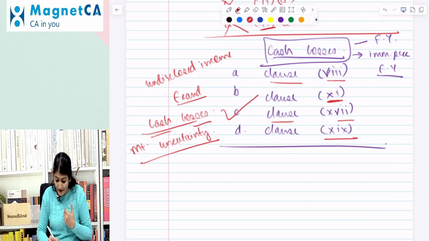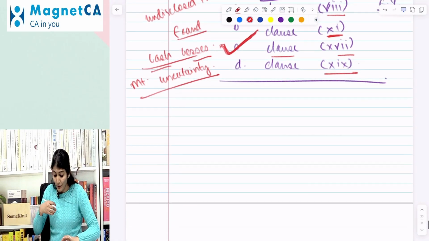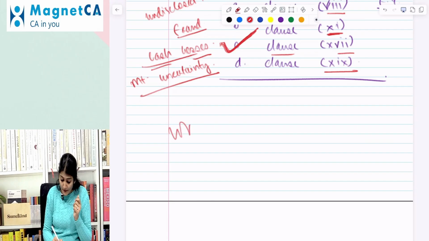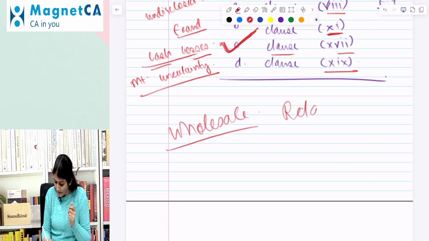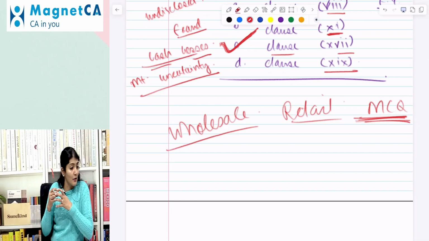Right? So what will be the correct option over there? Right? So that's what I have already told you, and I'm reiterating that for every question you have to study it wholesale. You have to study it as retail, and you also have to see what could be the possible MCQs which could be created out of the same.